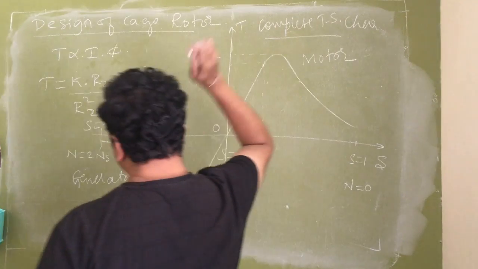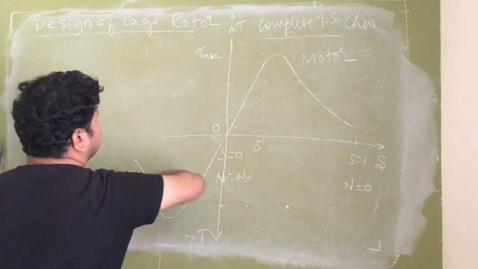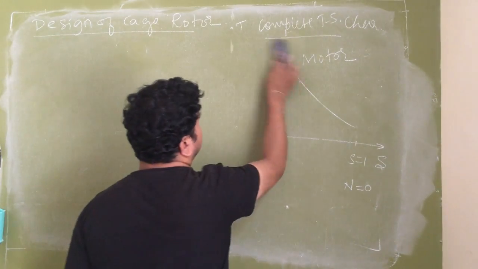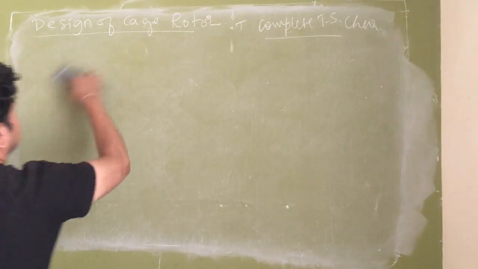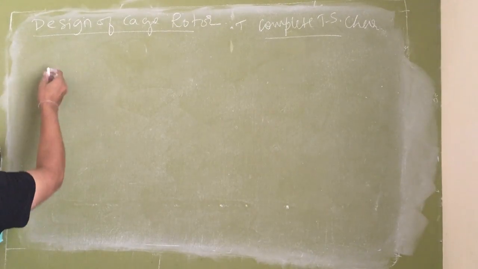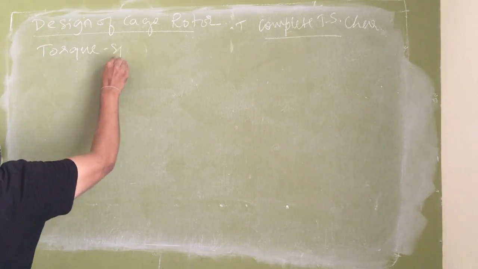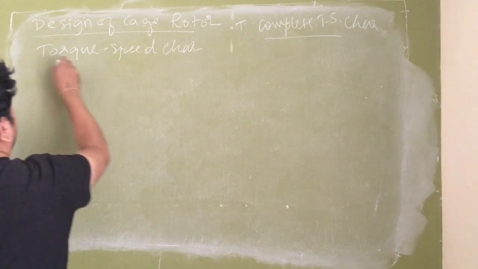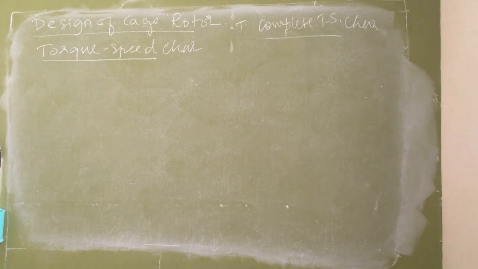Now next what I want is torque speed characteristics. Now flip it vertically, that's it.